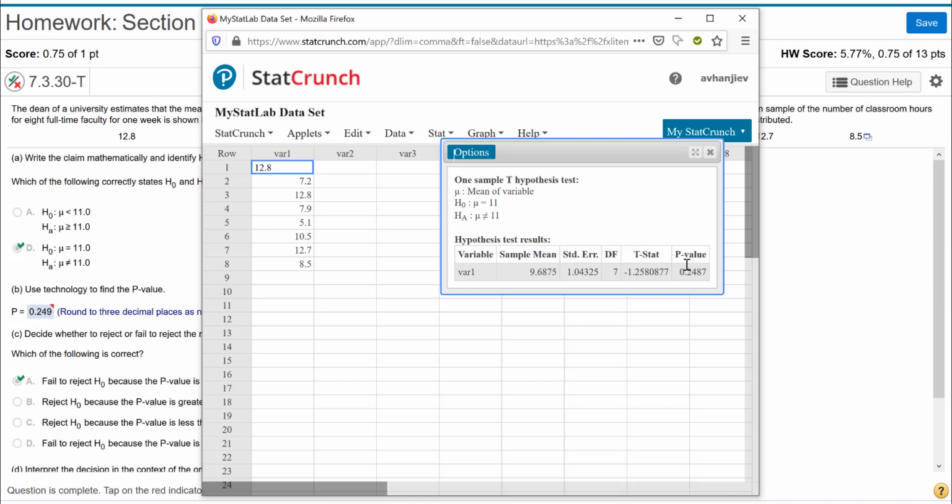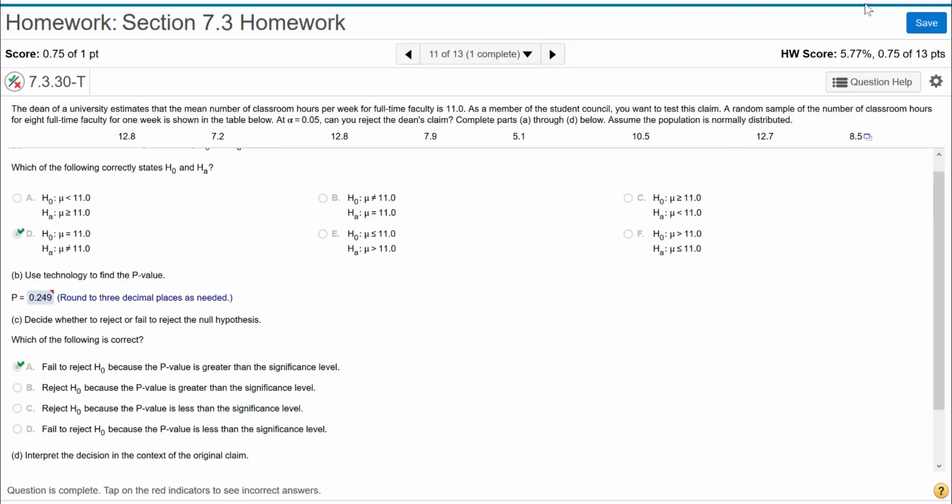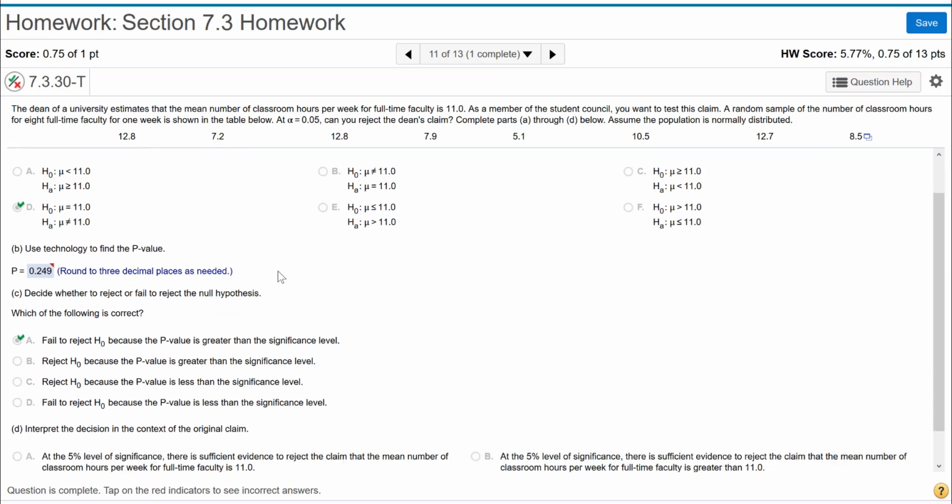Now the question is, and notice this guy corresponds to this one right here. Alright, so looking at 0.249, we compare that to our level here, 0.05, and that is way too big. And so because of that, we fail to reject the null hypothesis because the p-value is greater than the significance level here. So that works.